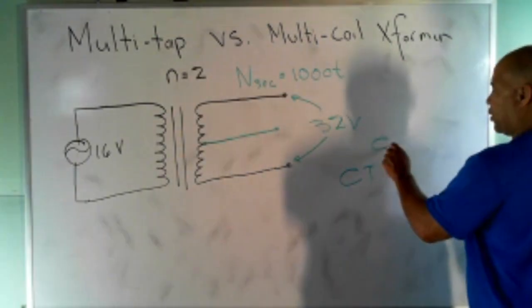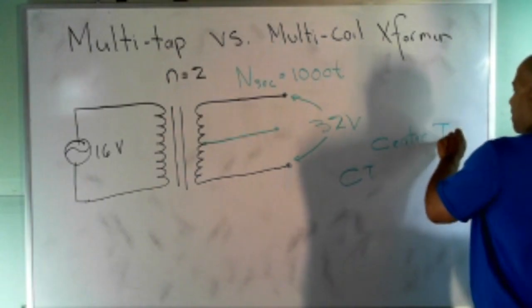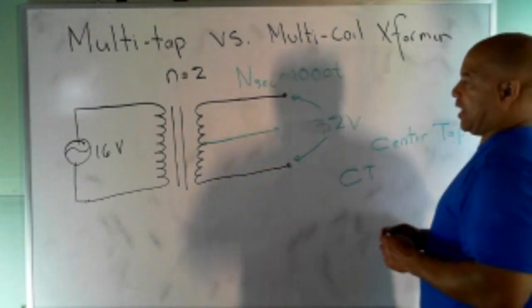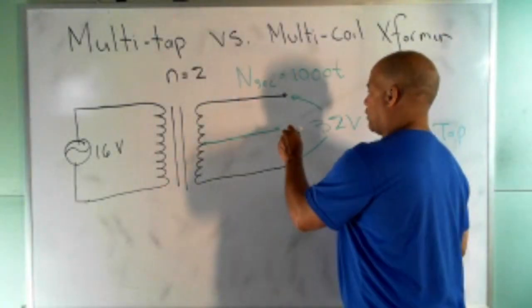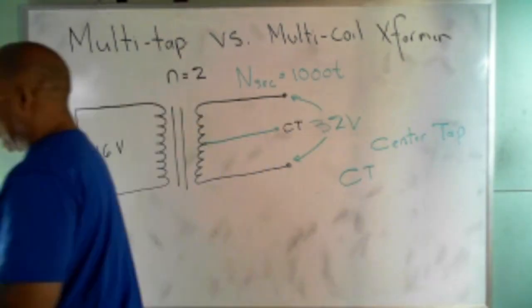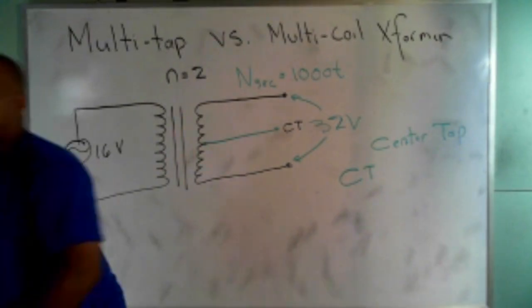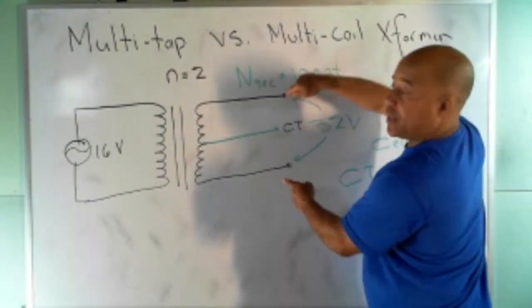That stands for center tap. And if you center tap the transformer, then this would be the CT, the center tap. And if you do that, what you have now is 3 circuits. You have this circuit right here, which gives you 32 volts AC.